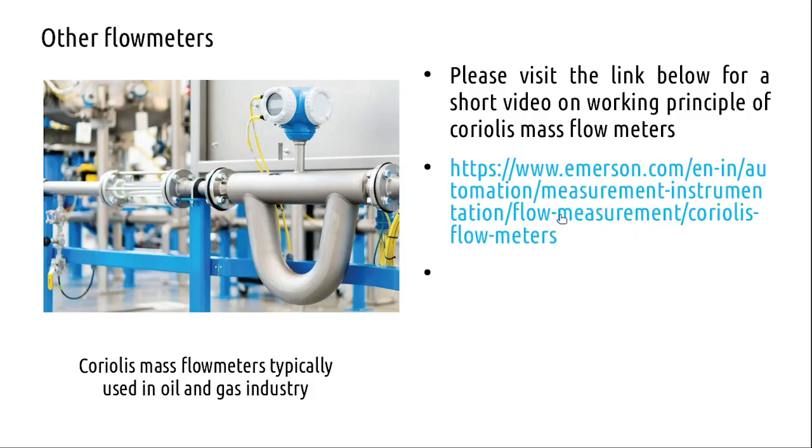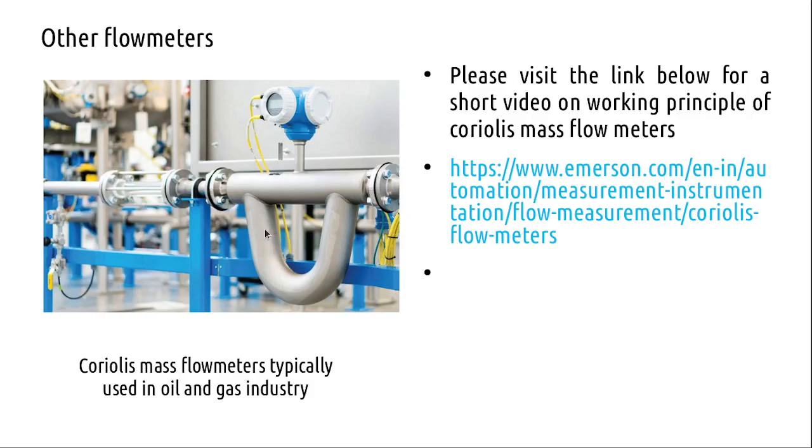This Coriolis flow meter, there is a 4-minute long video which illustrates how this thing works. Basically, there are two tubes within a bigger tube. The fluid that comes in, crude oil for instance, will be split into two flows, and during this flow these two tubes vibrate.